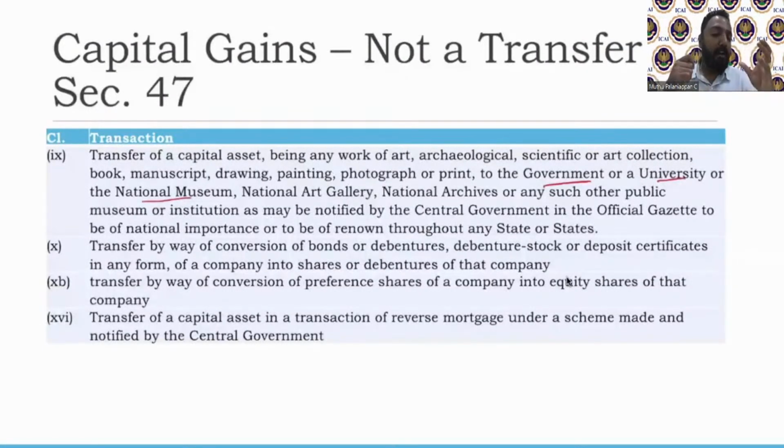So whatever archaeological or other assets we spoke about in personal assets, which will be considered a capital asset, if that asset is transferred to the government. For example, in very old days, prior to even being occupied by England, India was all ruled by kings. Across the country, it was ruled by different kingdoms. Over a period, the British took over and then India took up the government.